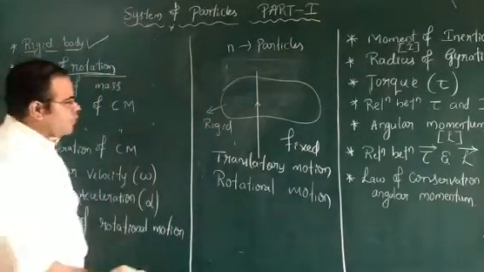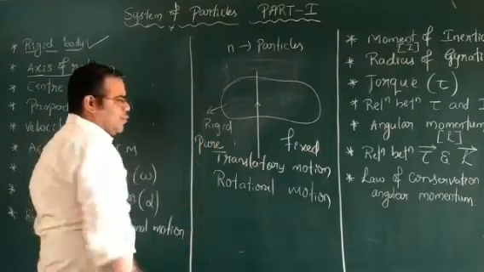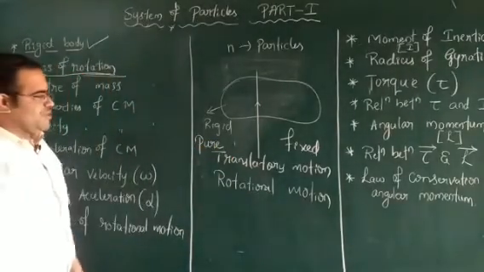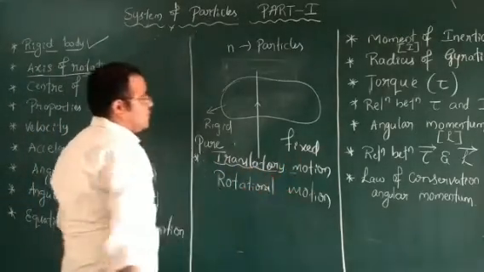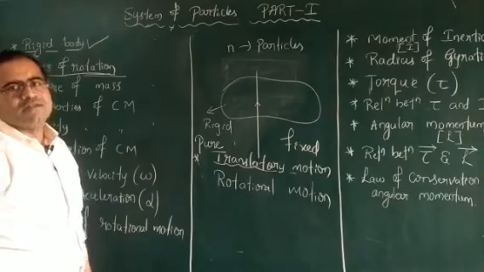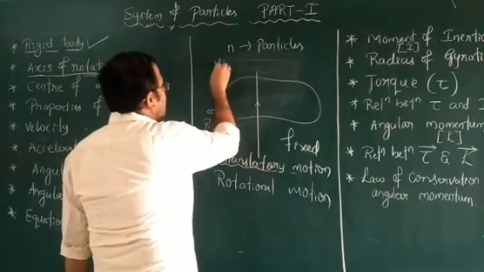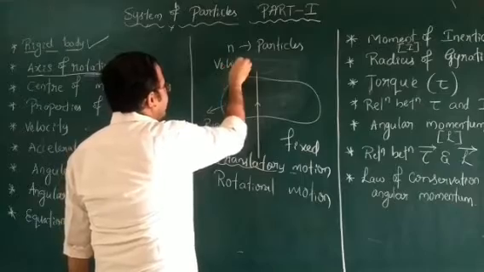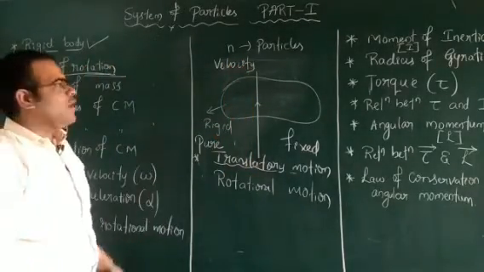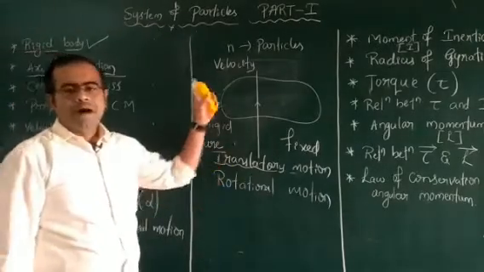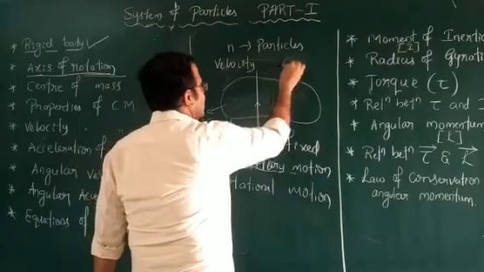Whenever we observe pure translatory motion, the velocity of all the particles of the rigid body remains always constant.